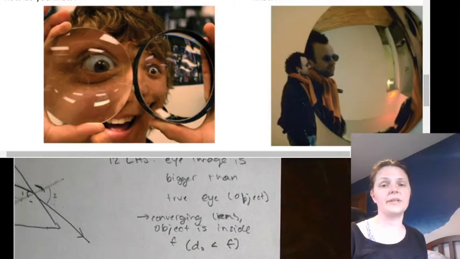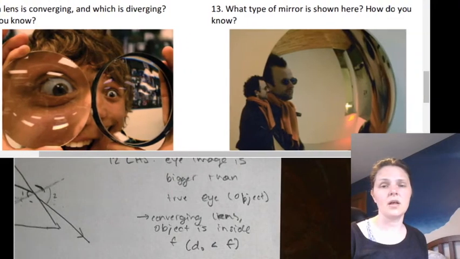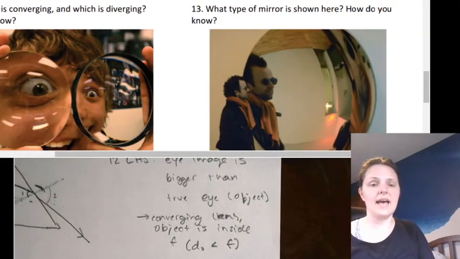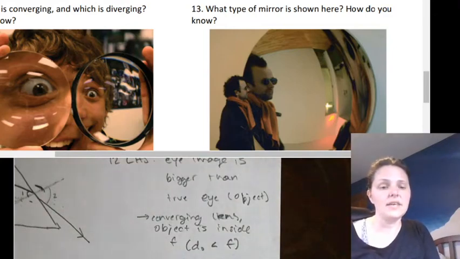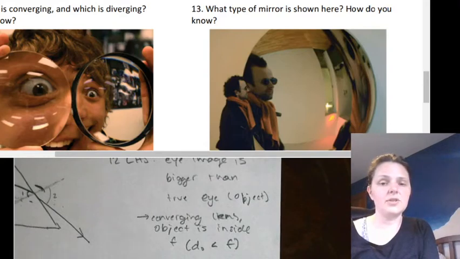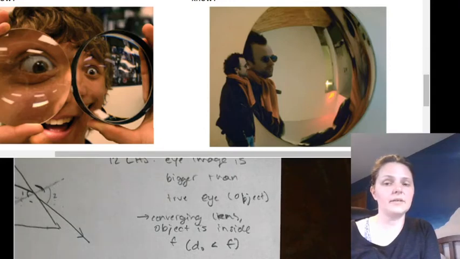Okay, let's go over to the next one here. So this says, what type of mirror is shown here and how do you know? And so what I'm noticing here is that this guy is looking at an image of himself, and I see that there's an upright image of himself here.